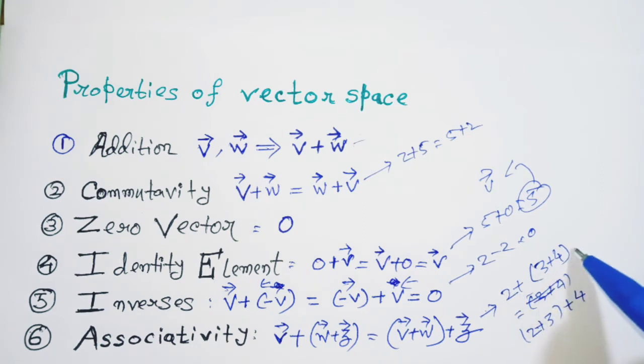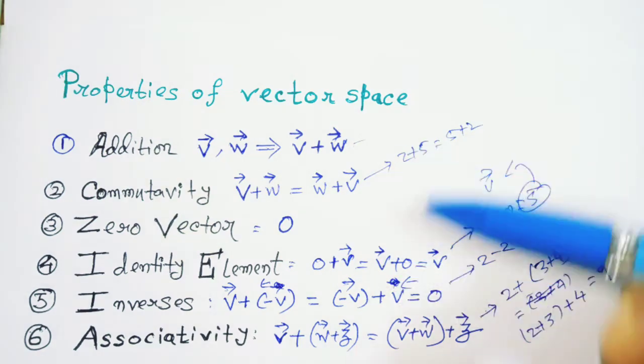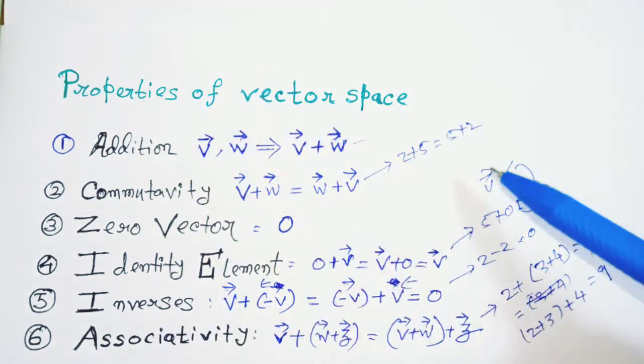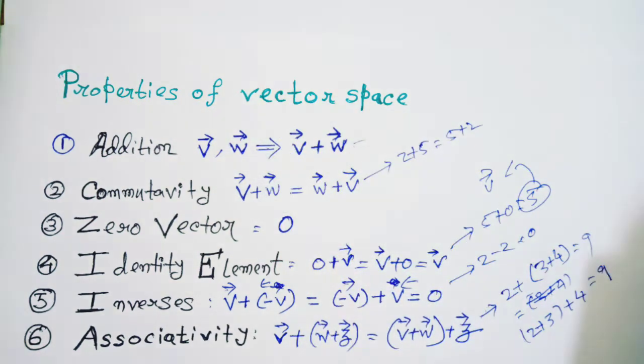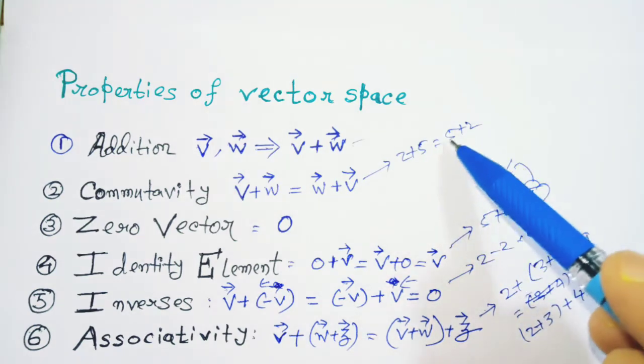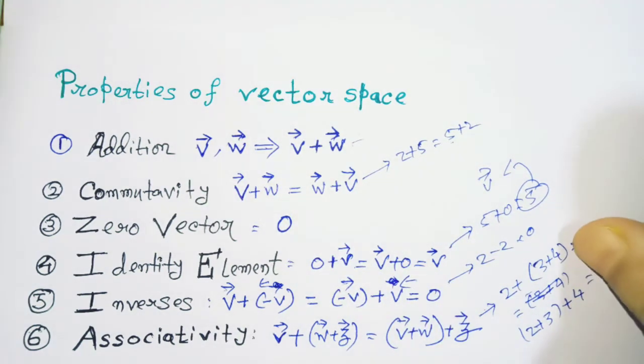This will eventually give 9, and this is also going to give 9. So all the properties of real numbers are available in vector space, and the real field also has them, isn't it?